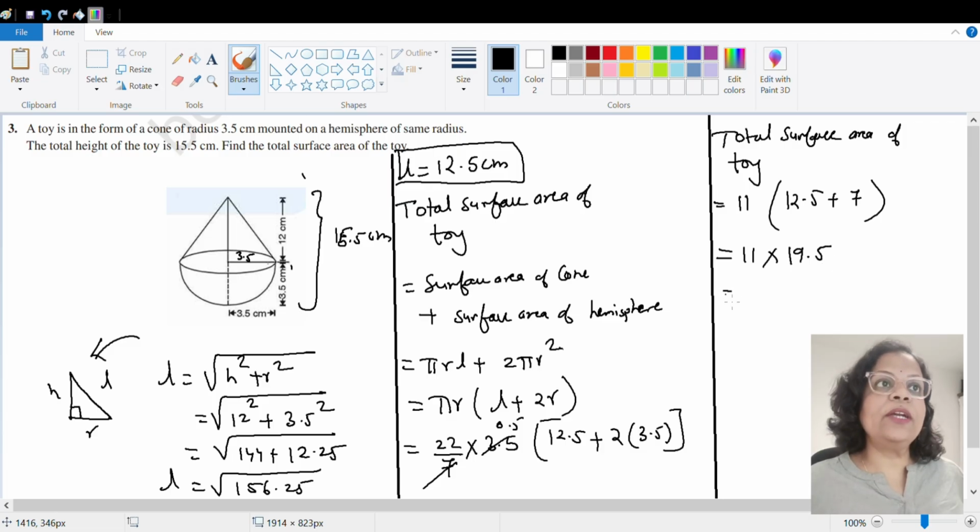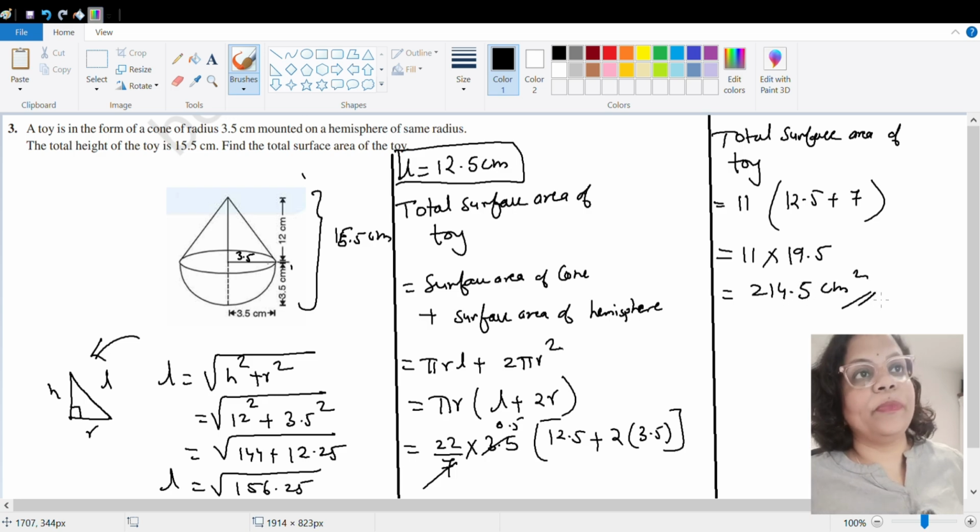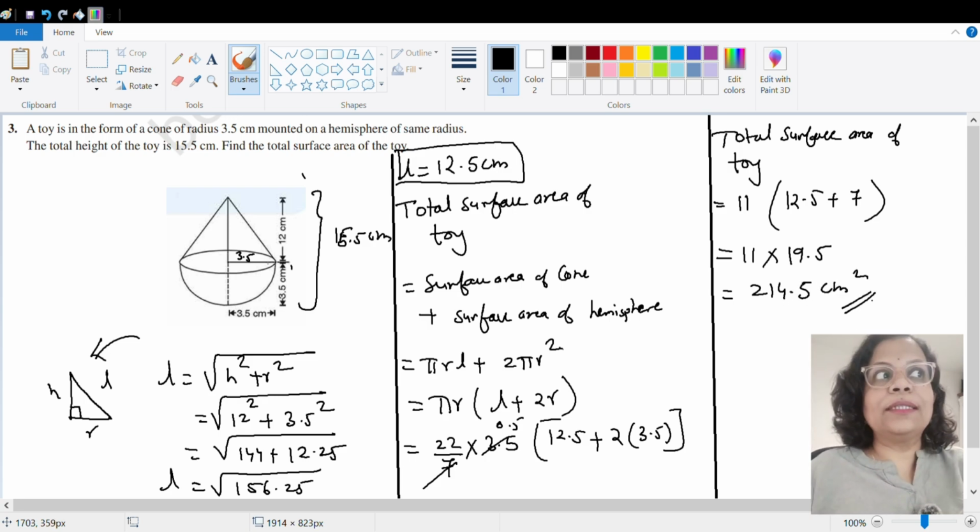If you do 11 into 19.5, it will come to 214.5 centimeters square. Okay, so this exercise is all about the surface areas of different combined solids like a toy, a vessel and all that. So I hope you have understood. Let's go to question number 4.